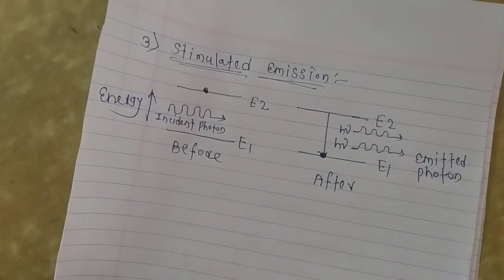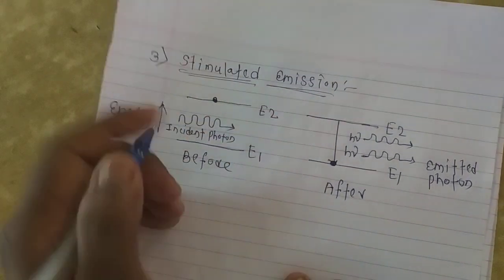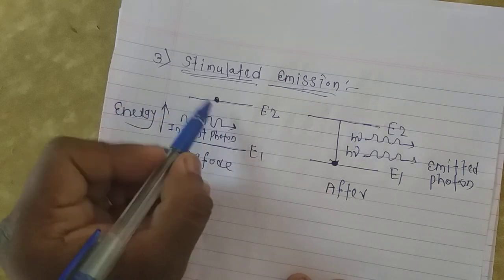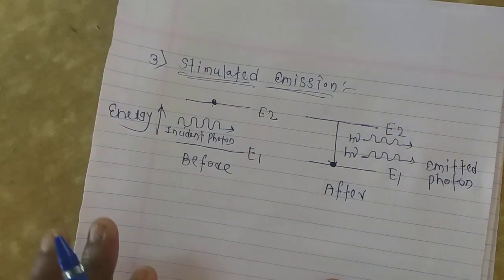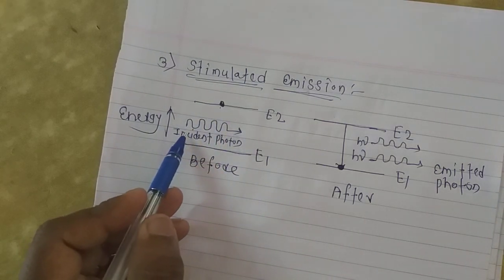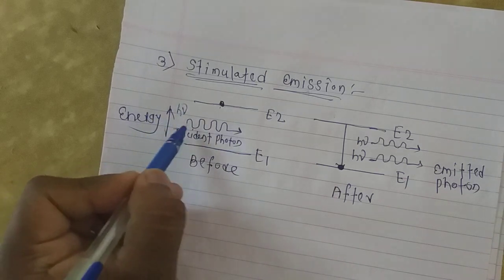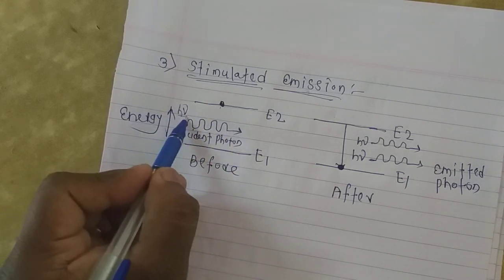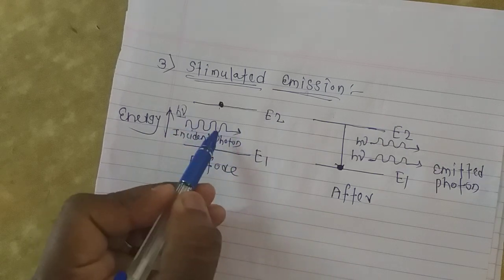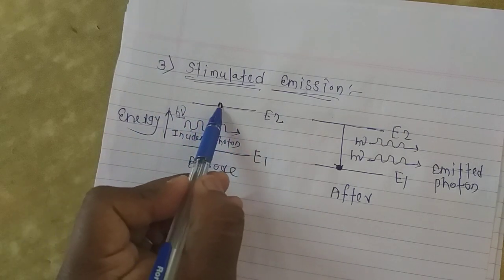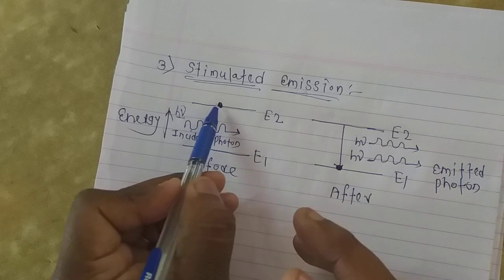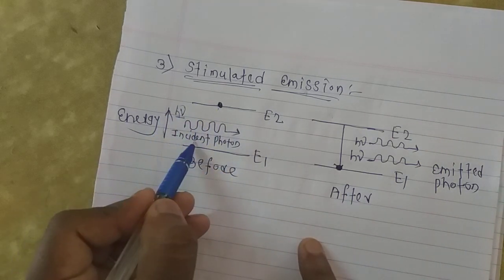In that stimulated emission, this is the excited atom at energy level E2, but that excited atom cannot stay more than 10 raised to minus 8 second. Here h nu is the incident photon, which is incident on that excited atom, and the excited atom interacts with that incident photon.